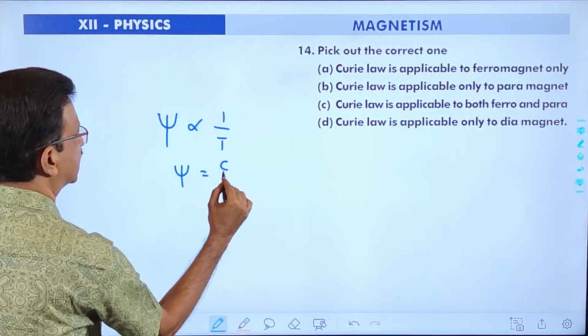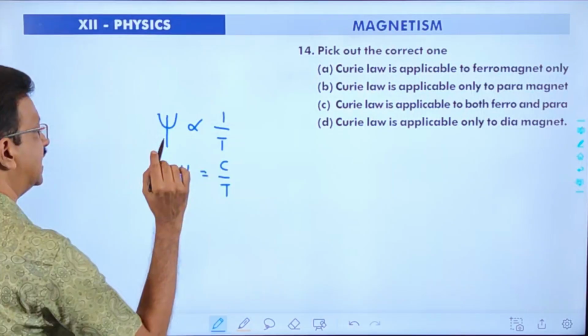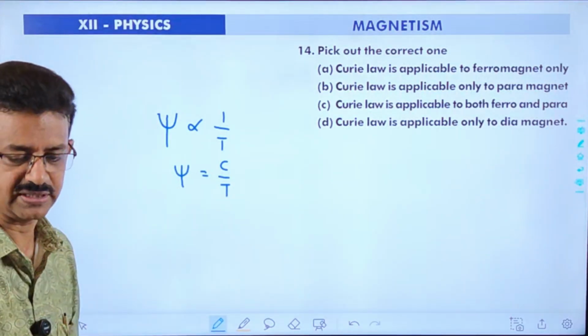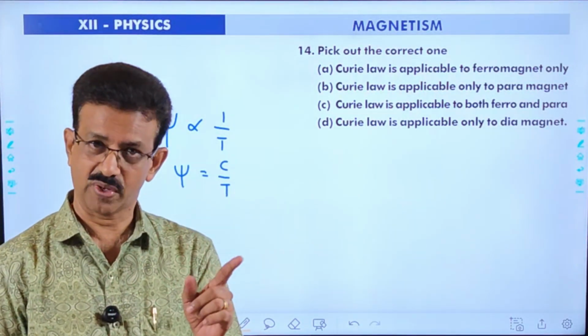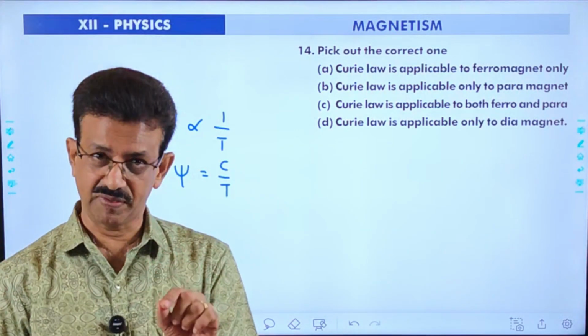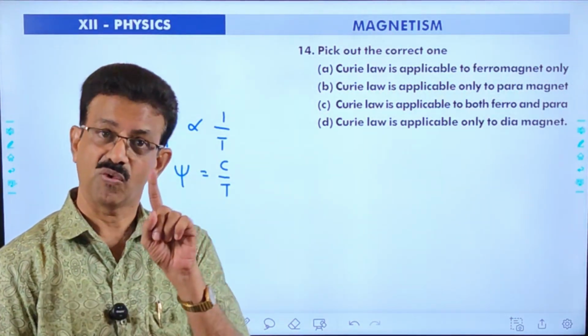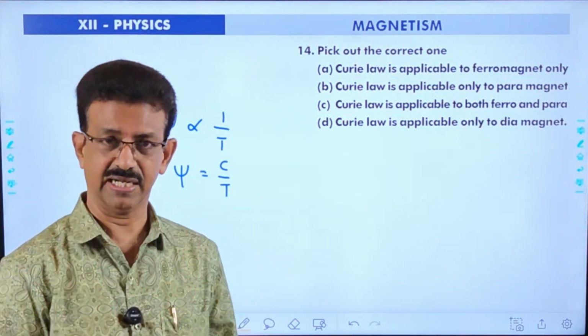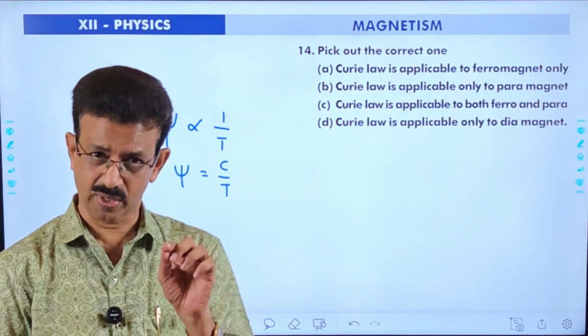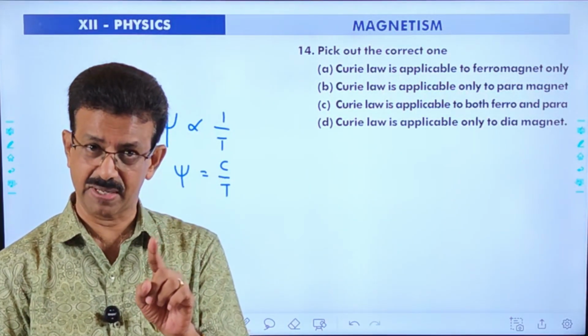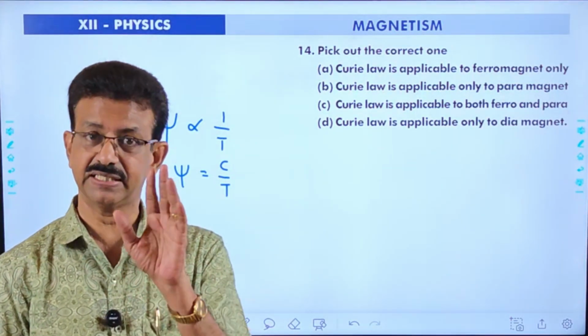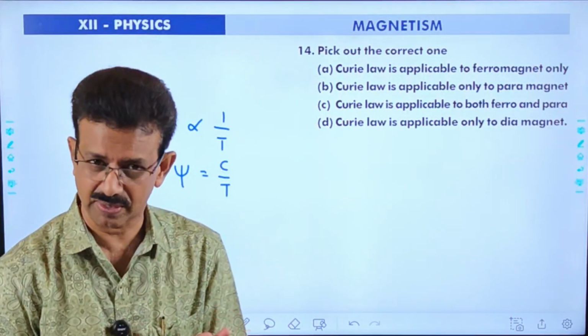Psi equal to C by T, where C is called Curie constant. Then, what is Curie law? It is applicable to which material? Applicable only to paramagnetic material. And Curie law is, for a paramagnetic material, the susceptibility is inversely proportional to the absolute temperature.